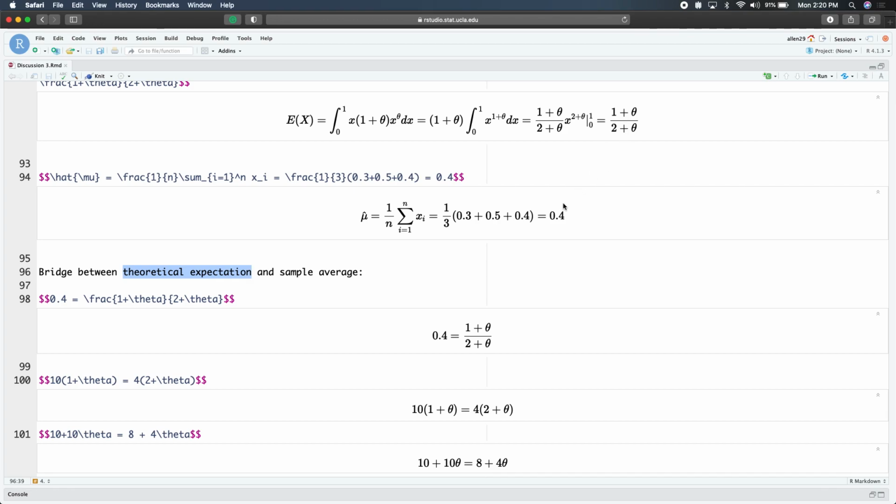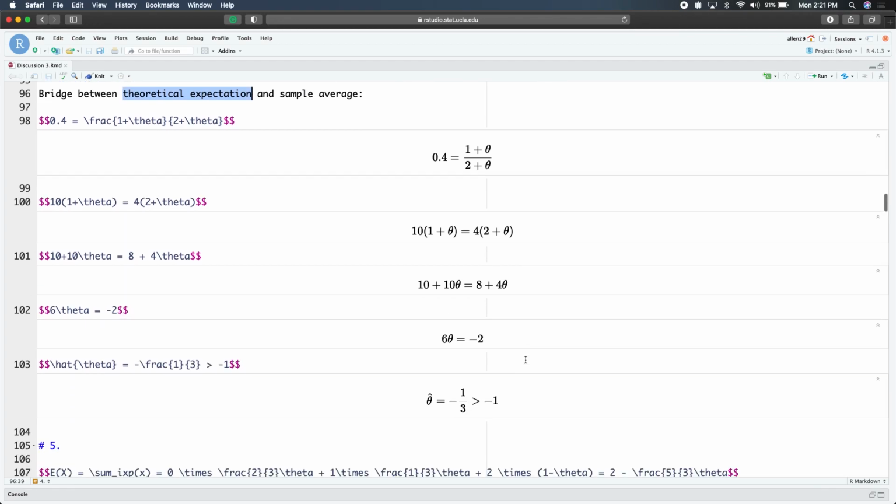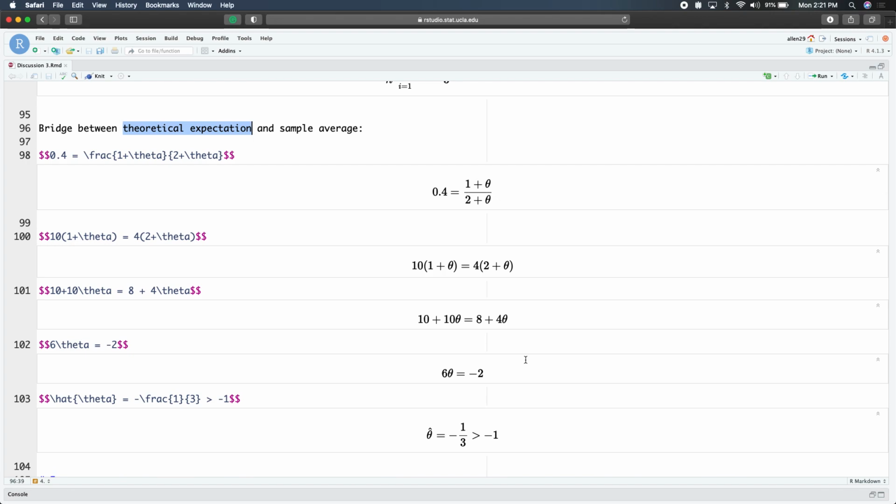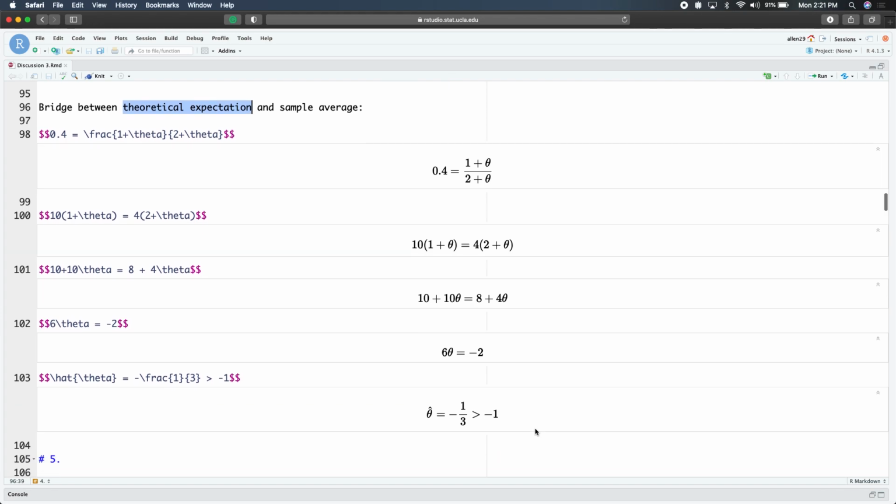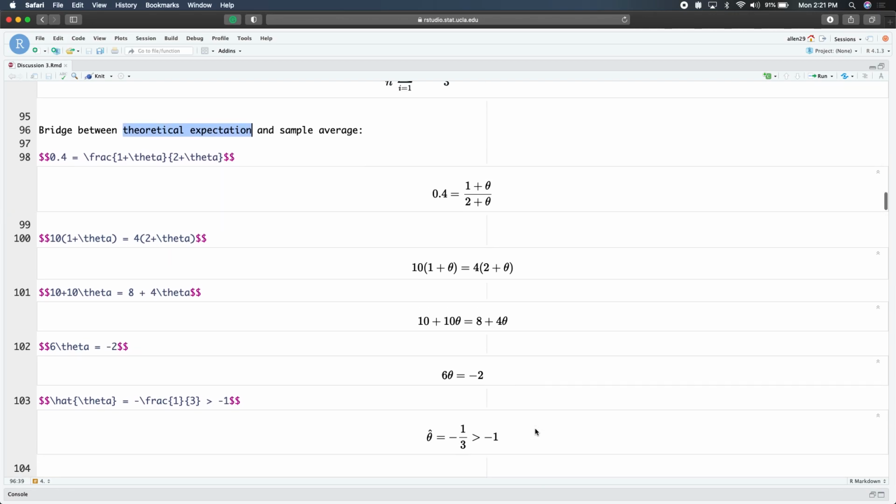So we just let these 2 quantities equal, and then solve for the only unknown quantity, which is theta in this example. We can see that theta hat is equal to negative 1 over 3. It also satisfies the parameter constraint that theta is greater than -1. And from there we can estimate the parameter.